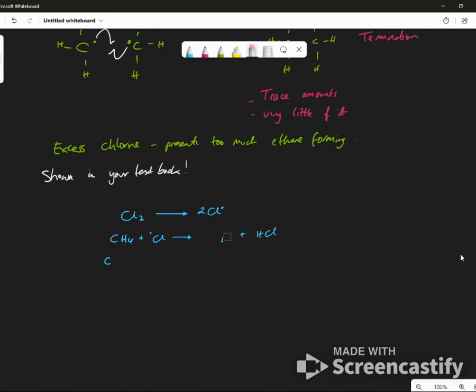Get rid of this. Okay, we say CH3 dot, and then CH3 dot plus Cl dot gives CH3Cl. The first one is my initiation, this is my propagation, and this is my termination.